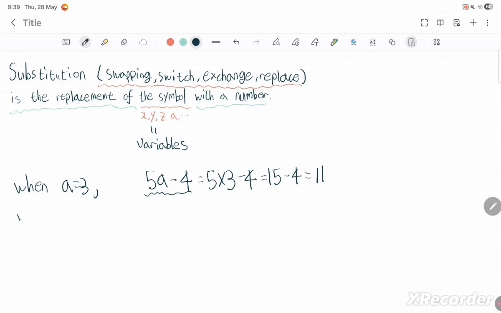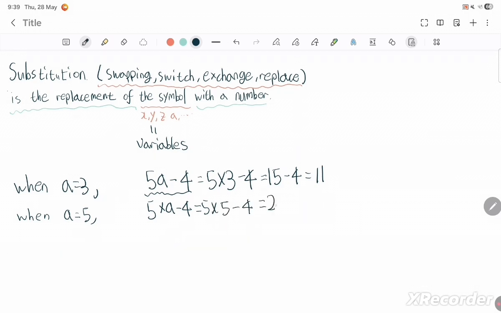If we put a different value, let's say 5, for a, if we assign some different number for a, then we get a different value of this expression. Like, I will just start with 5a, and then 5 times 5 minus 4 this time.